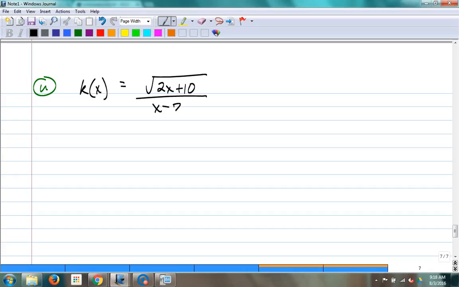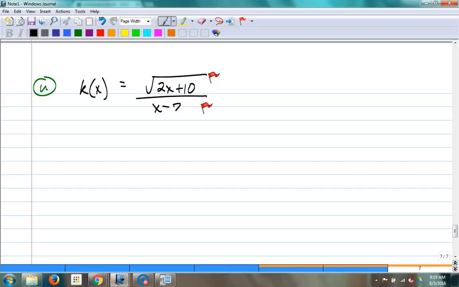Okay. There's a lot going on there. Are there red flags? How many of them? 2 of them. So there's 2 things we got to do here. So we got a double red flag. There's a red flag for the square root. There's a red flag for the x minus 7 in the denominator. So you just got to do both of them and take care of it.